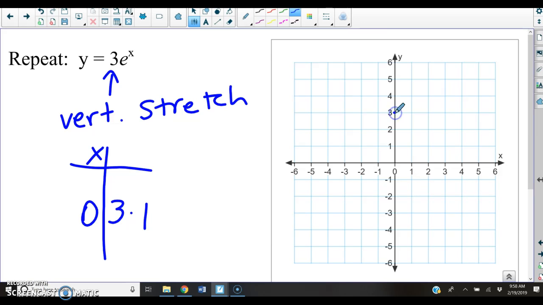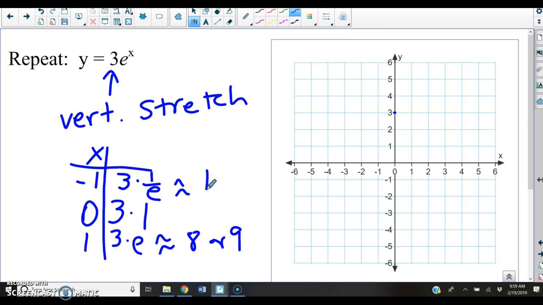So it's going to start at 3. For the 1, you're going to have 3 times e, so it's approximately 8 or 9. For a negative 1, it's 3 times 1 over e. So that's really close to 1. And it's going to just give it that vertical stretch.